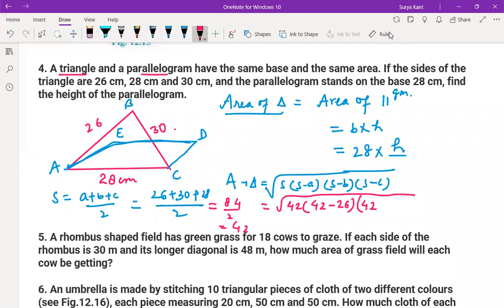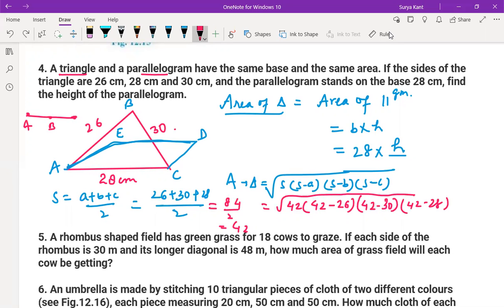Yeah, 42. If the area of a triangle becomes 0, it means all three lines of the triangle lie on the same line, meaning collinear lines. So 42 minus 28. Collinear lines, you understood, no? All three lines A, B, C lie on the same line. Sir, that can't be counted as a triangle then.